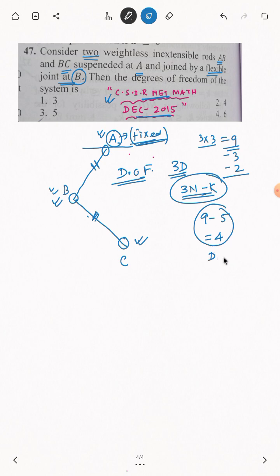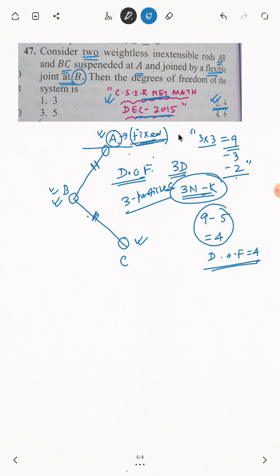The DOF should be 4. And if we analyze this problem clearly, is it given in the options? Yes, 4. But as I requested, you should think in detail yourself why I have written 9 minus 3 minus 2. For that you have to go through the three particle system discussion of previous lectures and solve it in detail. In case of any difficulty, I will help you, but obviously the answer will be 4 here.